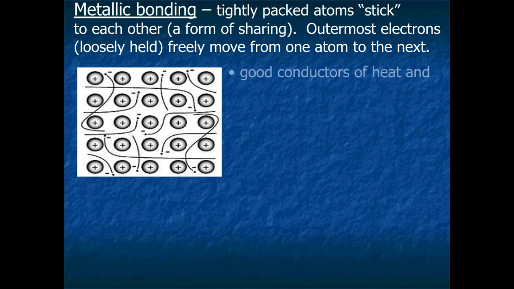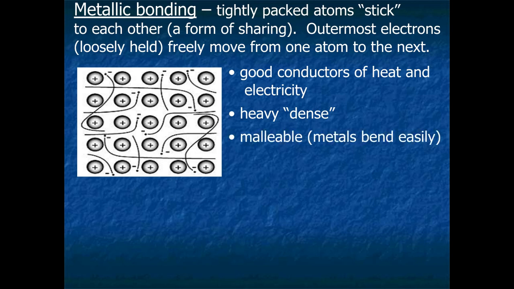So to reiterate, that freely moving electron allows metals to be good conductors of heat and electricity. The tightly packed cations allow the metal to be very heavy. And again, most metals are heavy, as we indicated. Metals are typically very malleable, meaning that they can bend very easily.